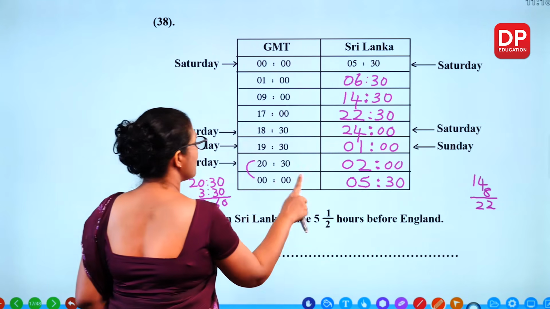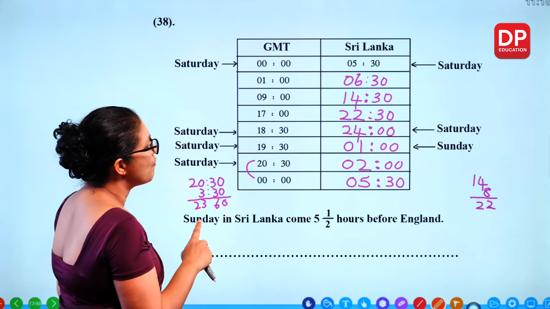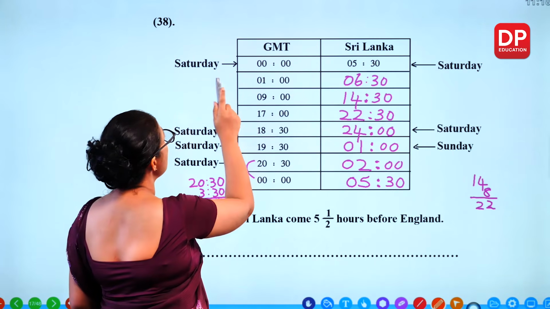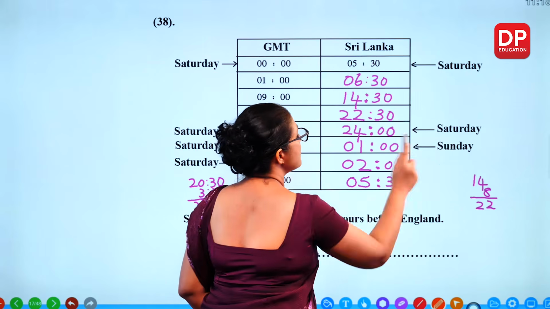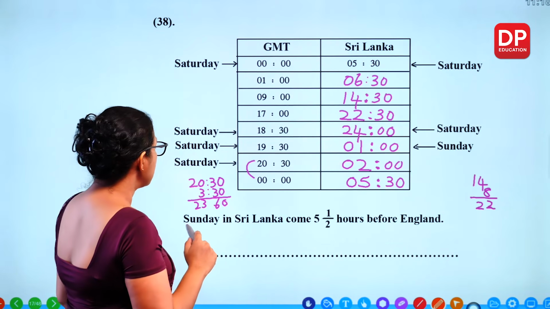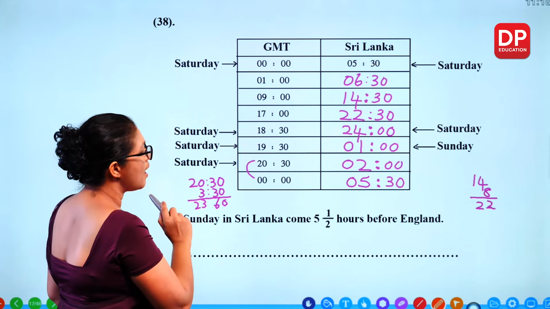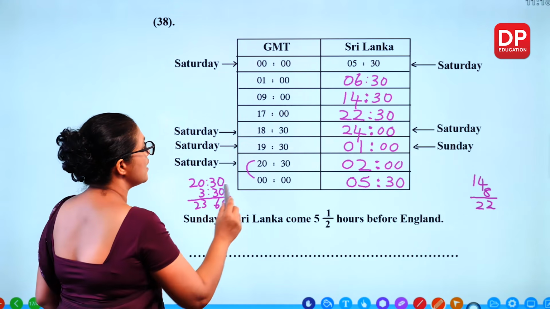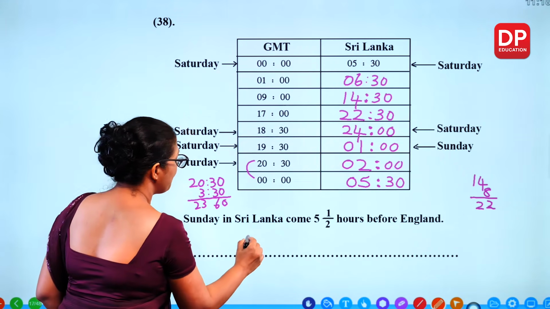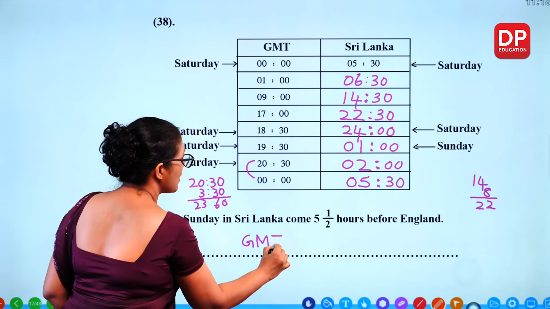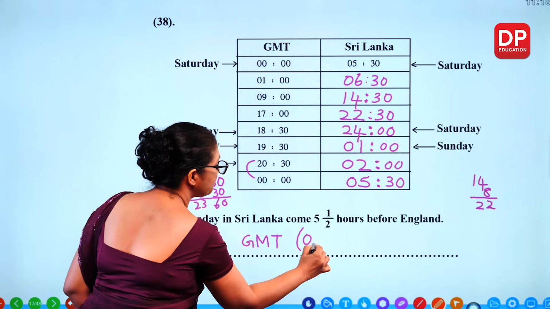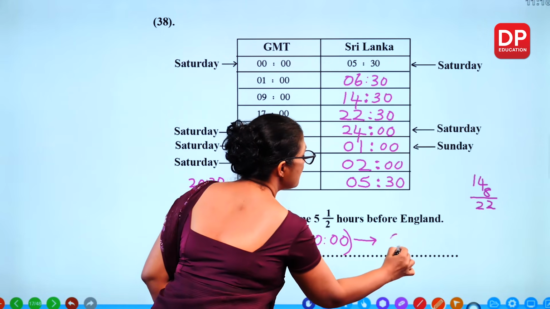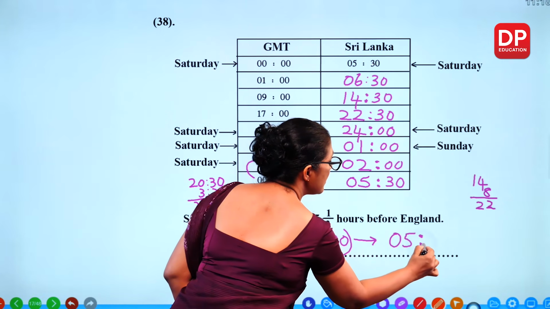Can you see the difference? So a 5.5 difference with the Sri Lankan time. So this is Saturday and these are Sunday values. And Sunday in Sri Lanka comes 5.5 hours before England. So here this is GMT. GMT time 0 represents 5:30 in the morning in Sri Lanka.